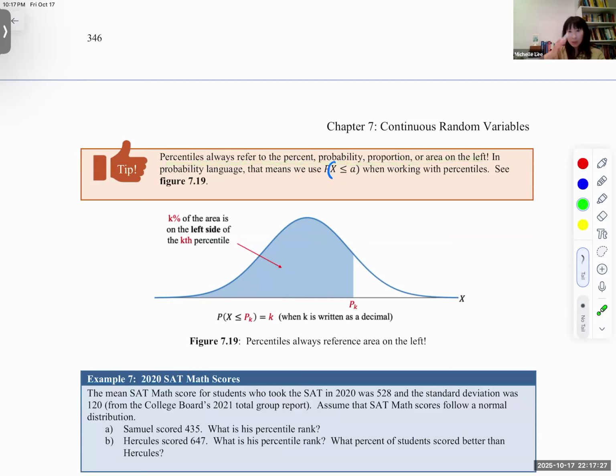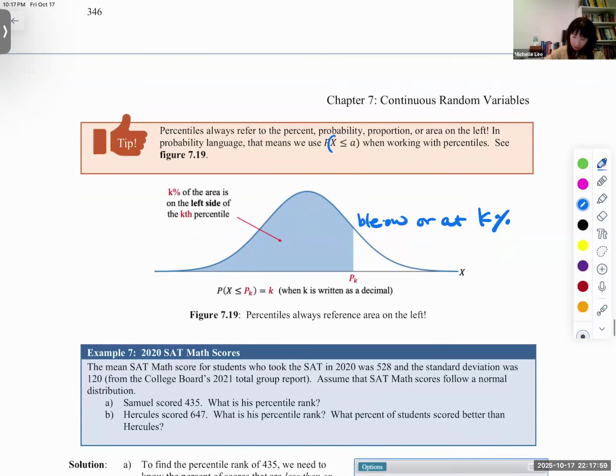Because percentile, as we said before, is at the percent or below. Below or at K percent.